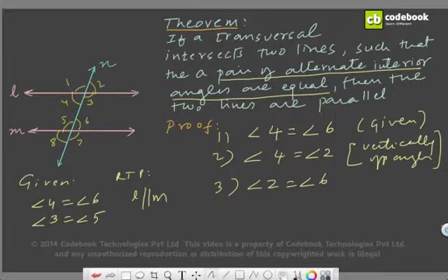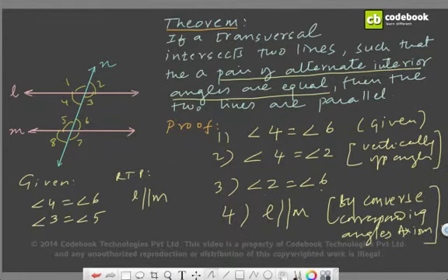But now we know that angle 2 and angle 6 are corresponding angles, and those two angles are equal. So by the converse of the corresponding angles axiom that we just learned, if a transversal intersects two lines and the corresponding angles thus formed are equal, then those two lines are parallel. So we can say L is parallel to M by the converse corresponding angles axiom. In this way, we have applied the axiom to prove this theorem.